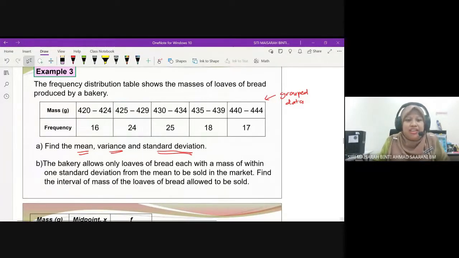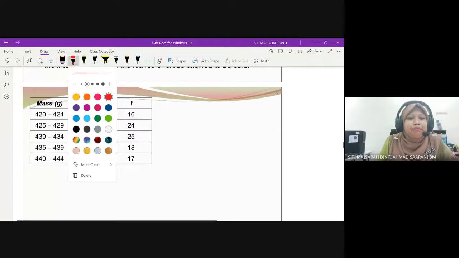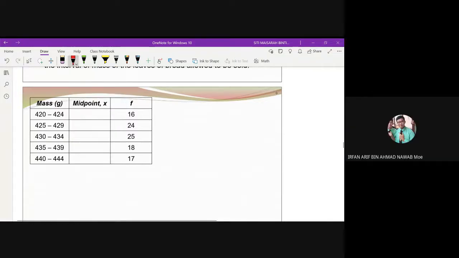Okay. So jadi first kena buat table dulu. Ni table dia. Kena cari midpoint dia. So mass dia kalau 420, 420 to 424. X dia berapa? 422.